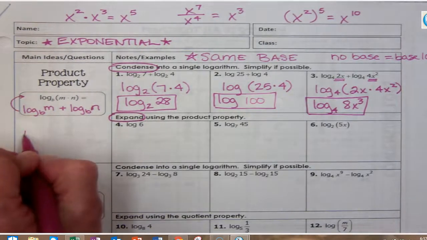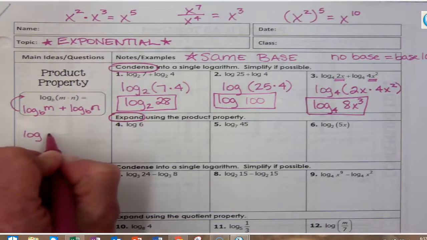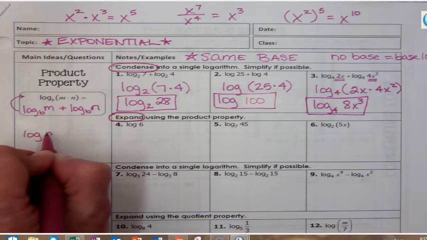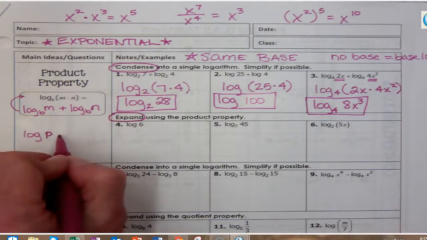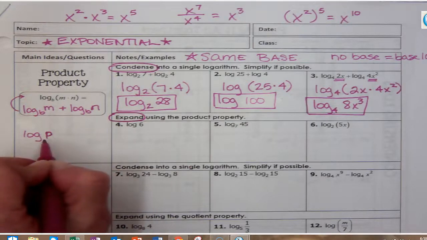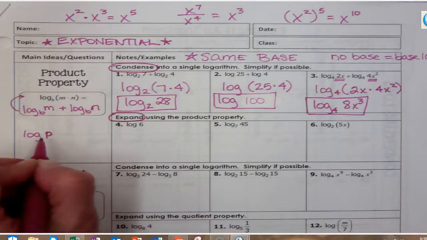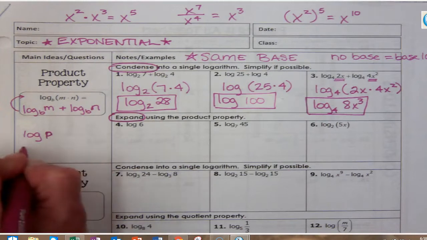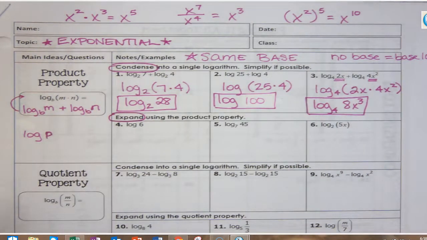Now we're going from log of, let's use a different letter, log of p, and we're going to expand that into two things that would add up to that.